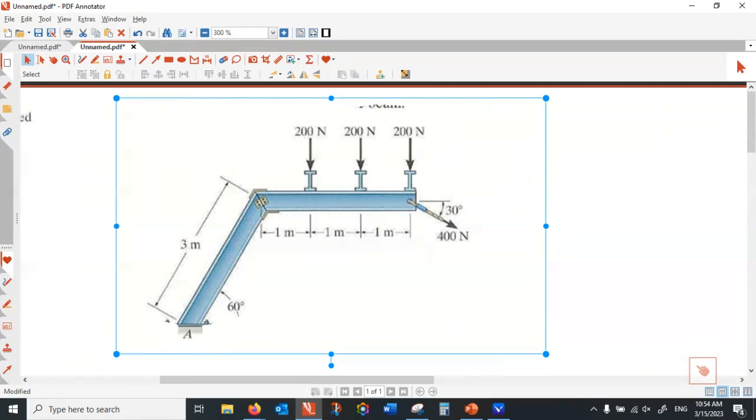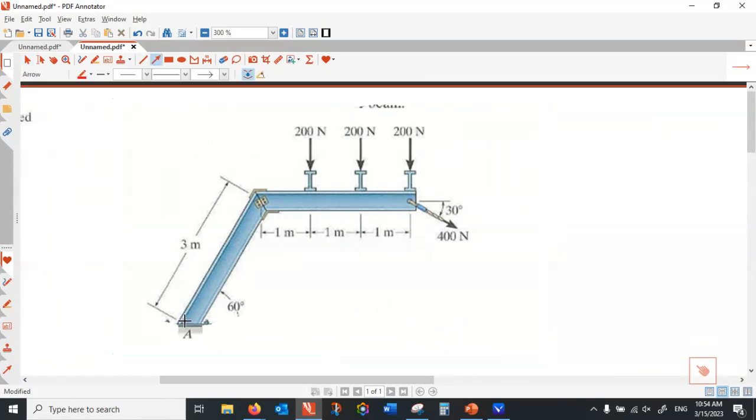What do I need to include here at A? Three forces: reaction against vertical movement, horizontal movement, and also rotation. I don't know whether the rotation direction would be positive or negative. Let's just assume that it is in this direction. I call this MA, this one AY, and this one AX.